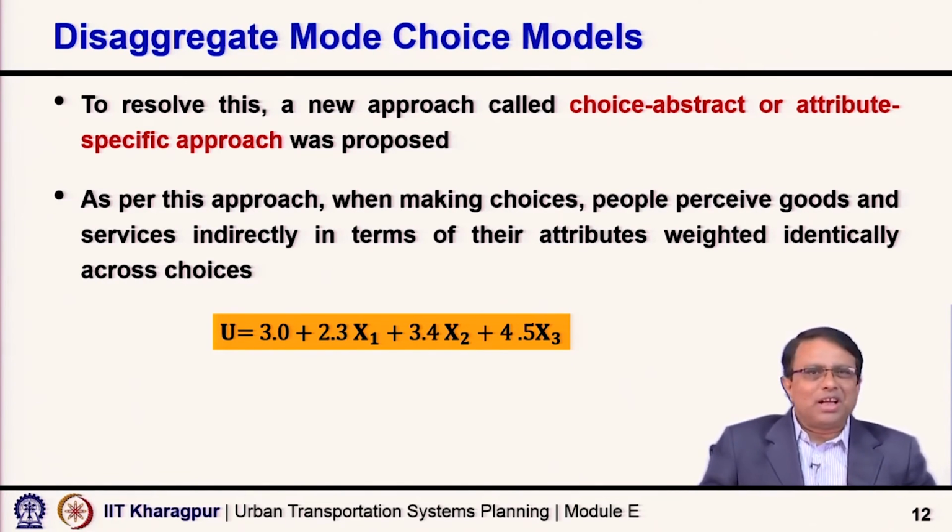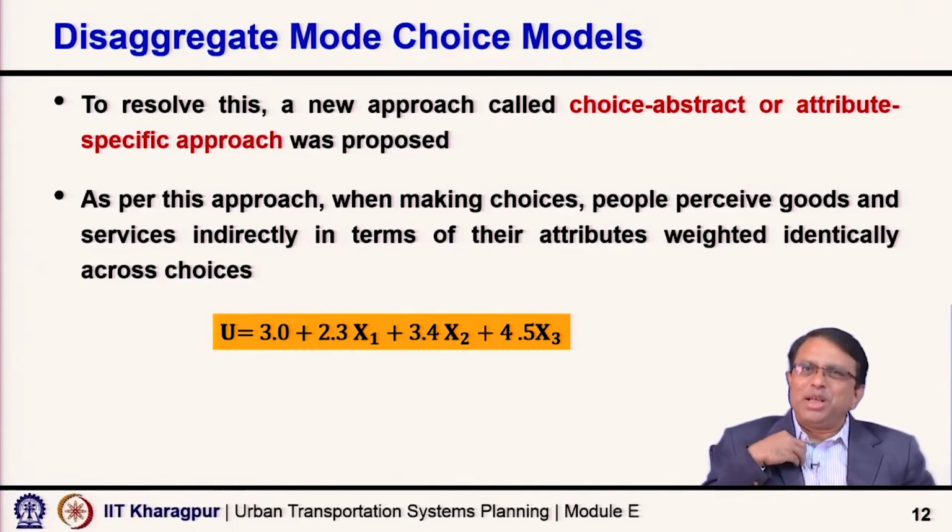So, what was done in this case? As per this approach, when making choices, people perceive goods and services indirectly in terms of their attributes, weighted identically across choices. It is me who is making the decision.